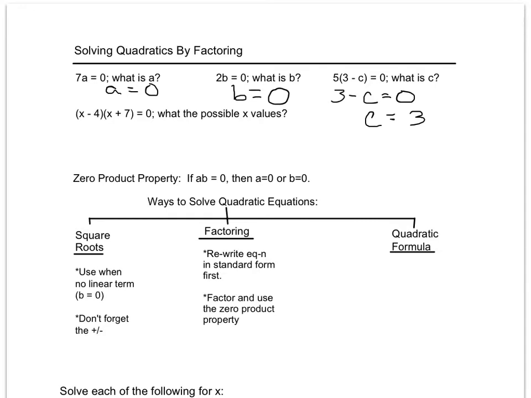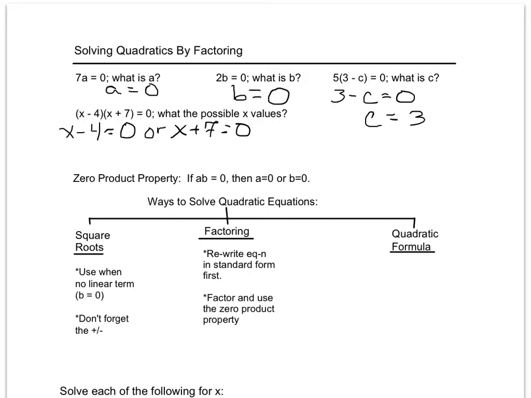If I take that same concept and pull it just a little bit further, if I had two binomials multiplying together to give me 0, in order for that statement to become true, I know that one of my two binomials would have to be 0. So I know that either x minus 4 would have to be 0 or x plus 7 would have to be 0.